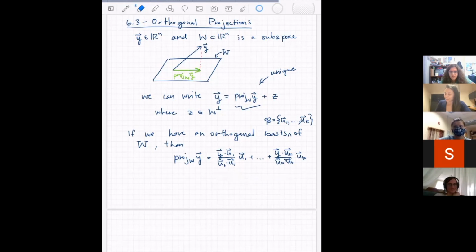But this is, I guess, the most important part, right? This formula. And then in the next section, we can learn how to take any basis and turn it into an orthogonal basis, right? So we will go over that since that is very useful, and that's basically where we will end with the class.